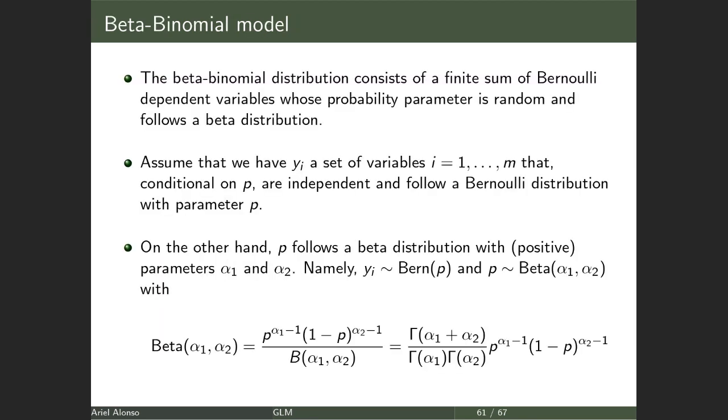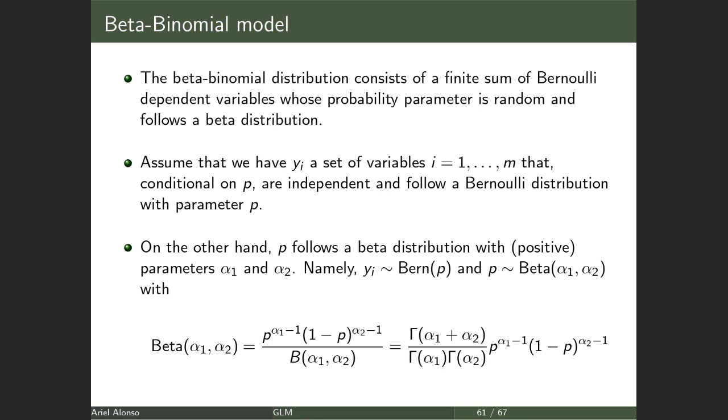Now, there is another possible analysis for this type of data, the so-called beta binomial model. I'm going to show you this beta binomial now, because it's like the negative binomial for count data. The beta binomial is a completely parametric model that is very useful when you have over dispersion, but now with binary data.